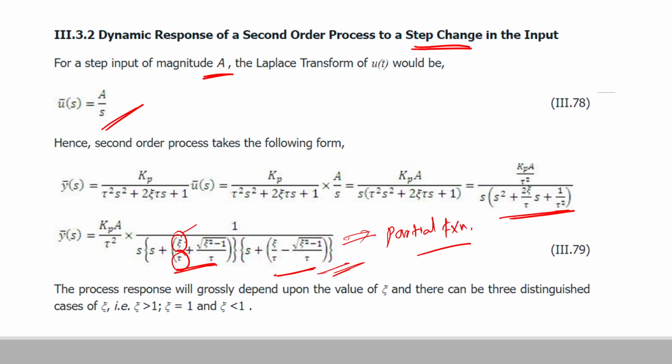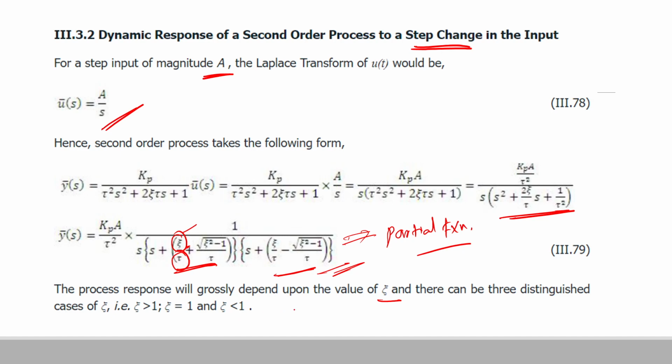However, the damping coefficient will contribute to the oscillations in the response. So depending on the value of zeta, we can have multiple kinds of responses. The process response will depend on the value of zeta, and there can be three distinct cases: zeta greater than 1, zeta equal to 1, and zeta less than 1.